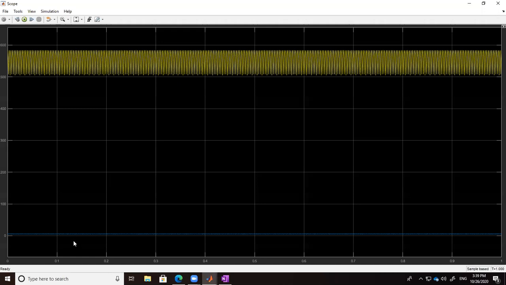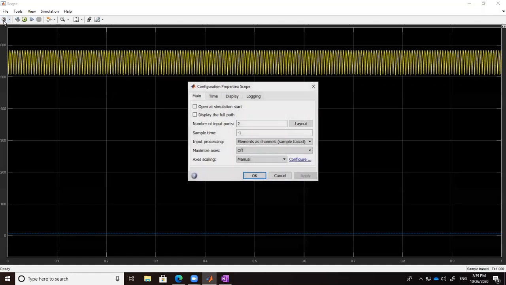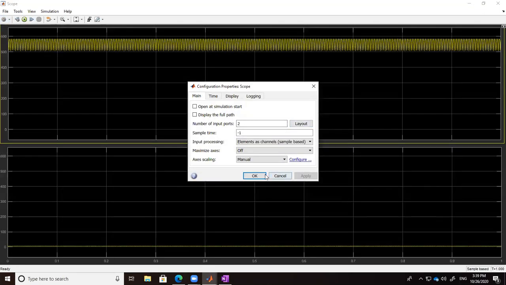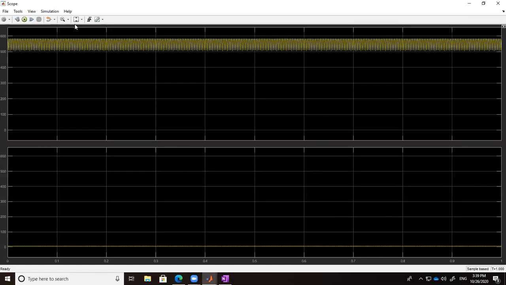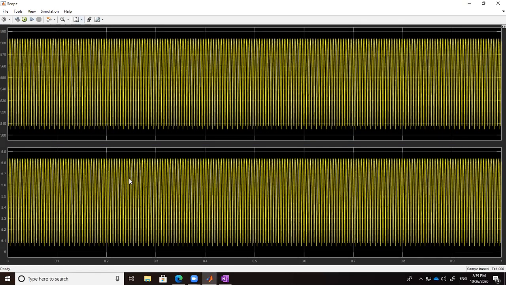Once again, you see that the voltage is here, the current is here. It is very difficult to analyze both of them simultaneously. So what I will do, go to configuration properties, layout, yes, right? And now you zoom it.